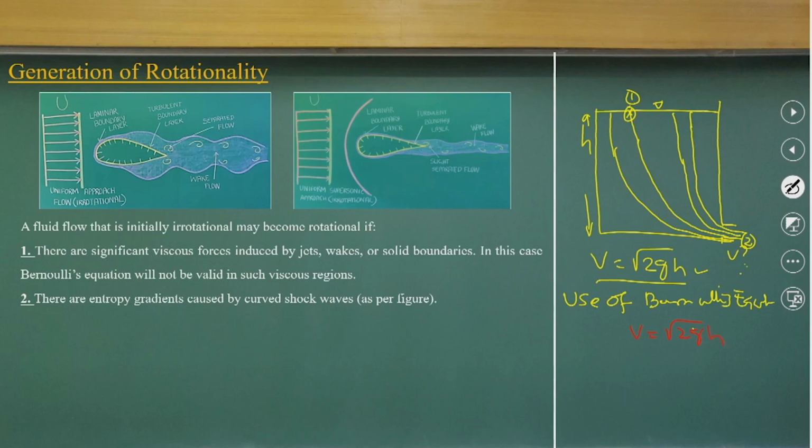Just apply the Bernoulli equation at 1 and 2. You know the velocity is 0 at this point, and the pressure is atmospheric at 1 and also atmospheric at 2. So you can just apply it and you will get V equal to square root of 2 g h.